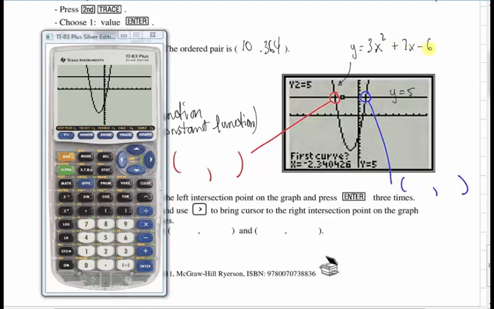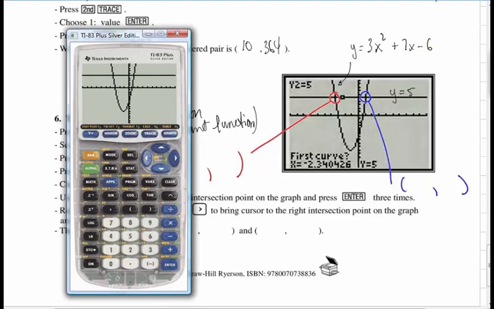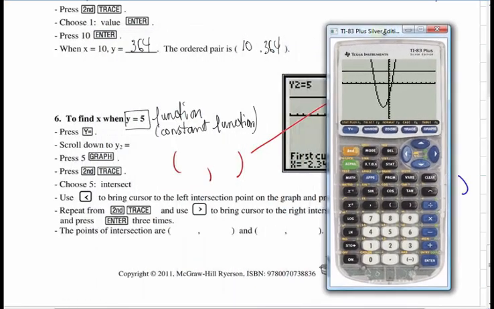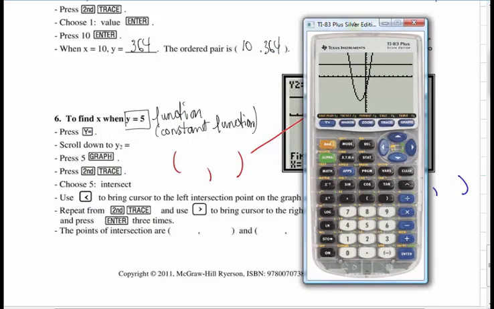Okay, so you've got two equations that are graphed on this graph now. Okay, and as you can see, when y is equal to 5, you've got 2 points on your parabola where y can be 5. Okay, wherever this line intersects your parabola, y is equal to 5. So we need to find what those points are.